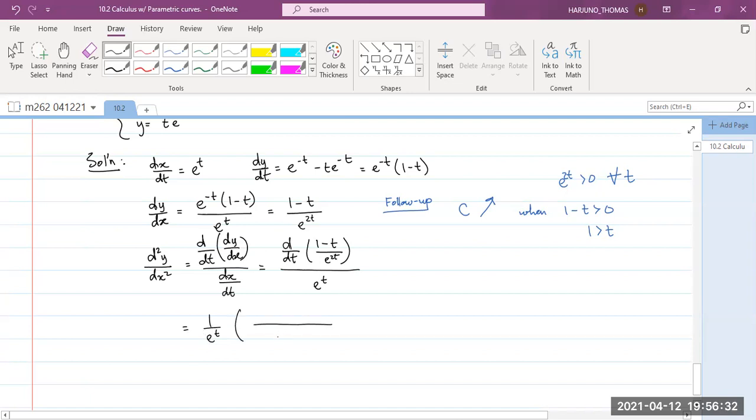So that is 1 over e to the t, that's the denominator that I put aside, times the derivative over e to the 2t squared: the derivative of the top times the denominator minus the numerator times the derivative of the denominator.